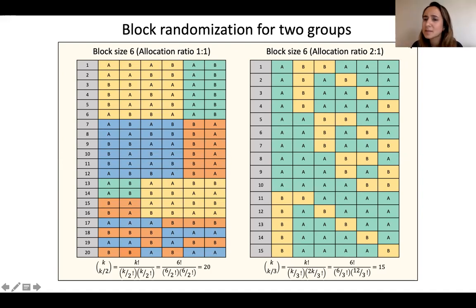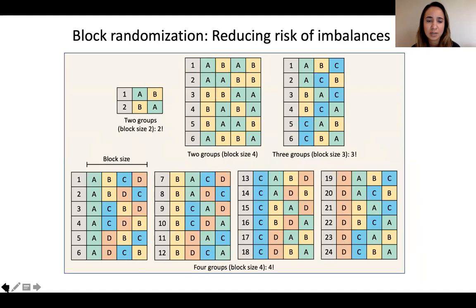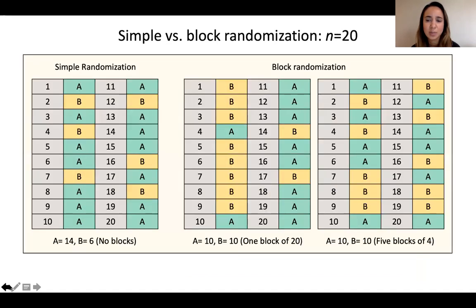But I guess we still have the possibility to find some imbalance. I'm thinking of an example with 22 patients using a block randomization of 4. In the end, if you could show us again the slide with 20 patients.